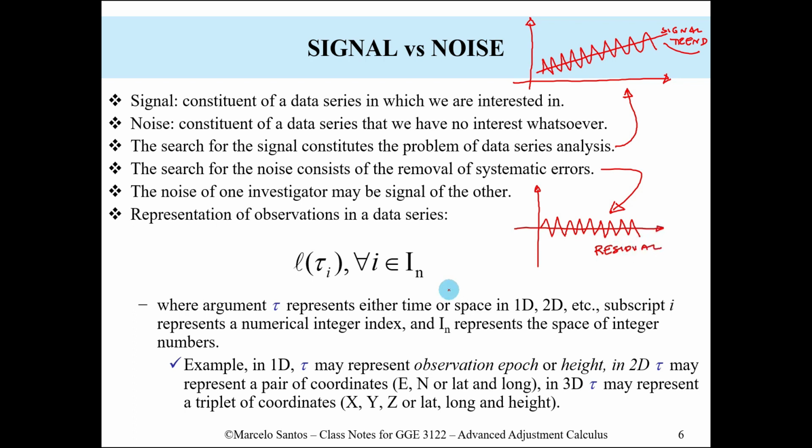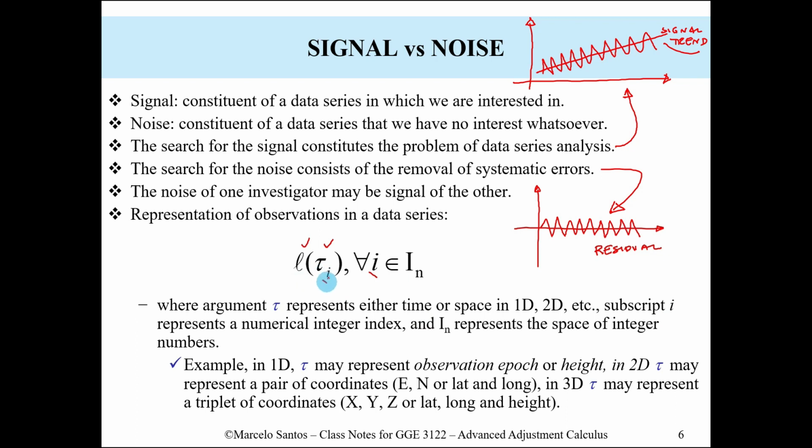For the representation of observations in a data series, we are going to use the following notation. We're going to use L to represent the observations. Tau is an argument that represents either time or space in 1, 2, or 3 dimensions typically. The subscript i represents an integer number, which is basically the tag of the observation.